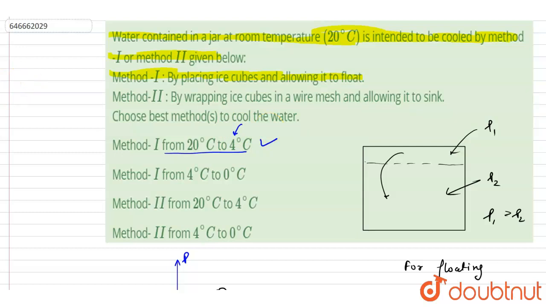Now moving toward method 2, by wrapping the ice cube in a wire mesh and allowing it to sink. If I wrap the ice cube in a wire mesh, then that will become heavy. Wrapping the ice cube with a wire mesh makes it heavy and allows it to sink.